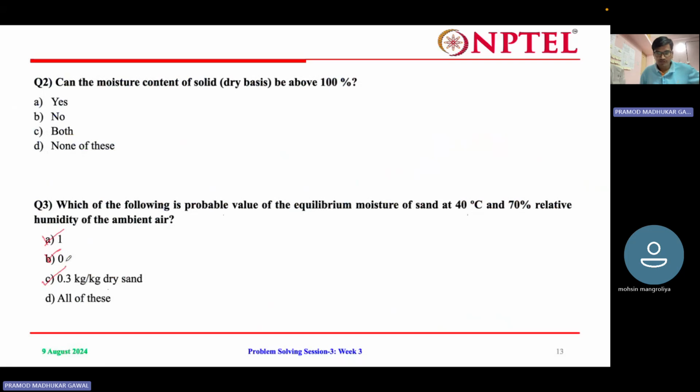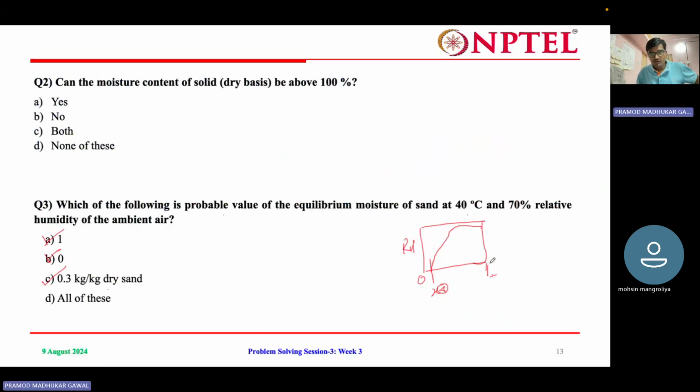Clear or not? Because here the relative humidity is 0 to 1, right? So we find the equilibrium moisture, like X star. Equilibrium moisture is denoted by X with a superscript star.